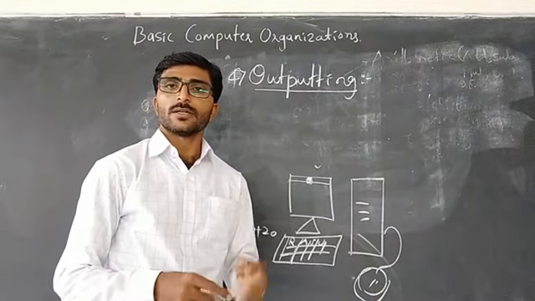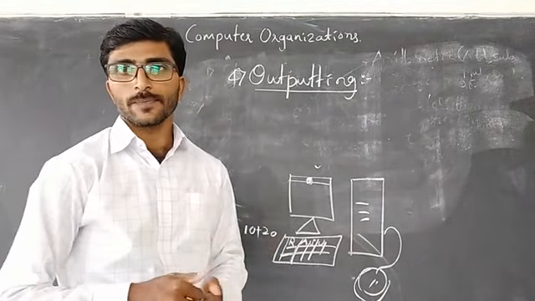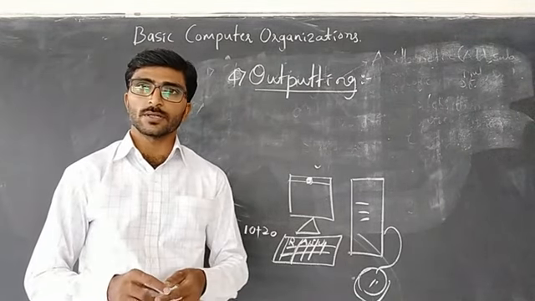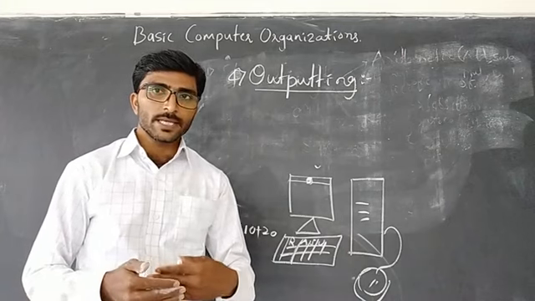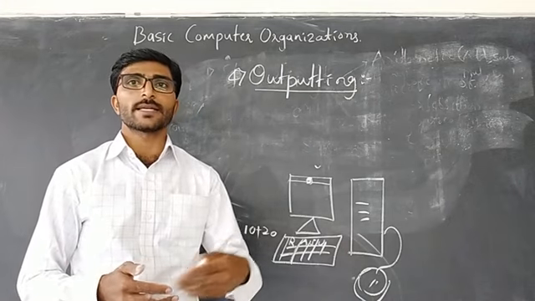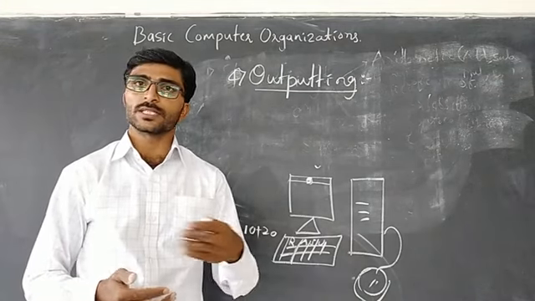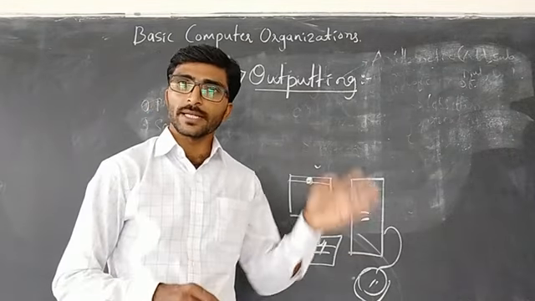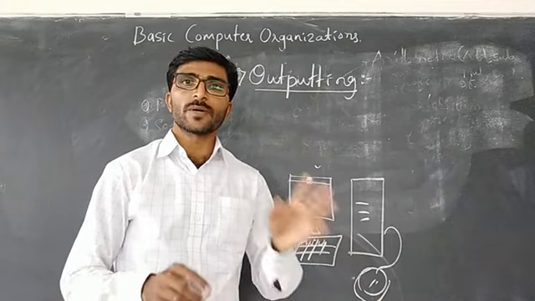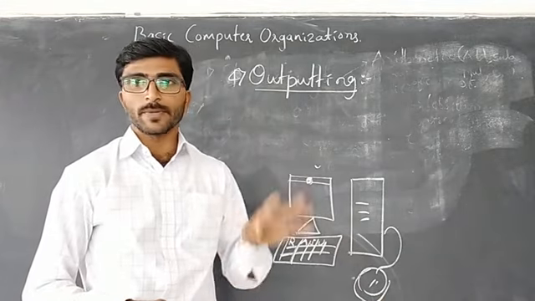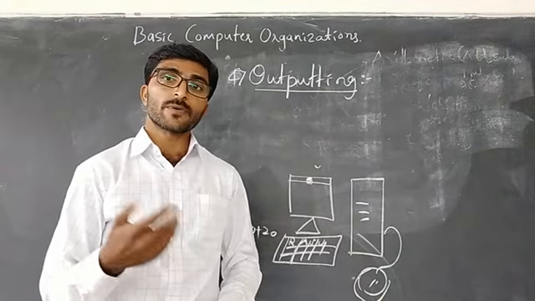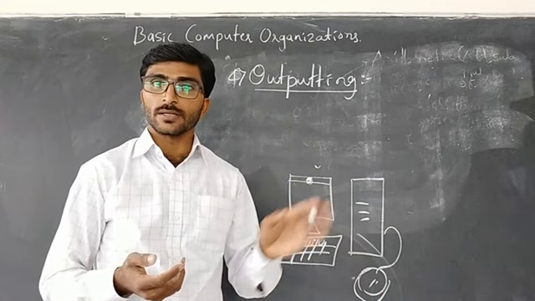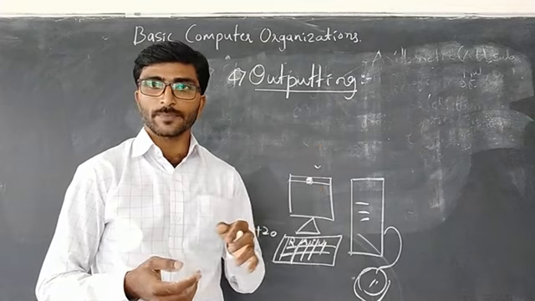So how does it process the data? For example, the first function is input. It takes data from the user using input devices like a keyboard. After that, the storing function stores that data, and processing performs some task like addition of two numbers. 10 plus 20 is 30.